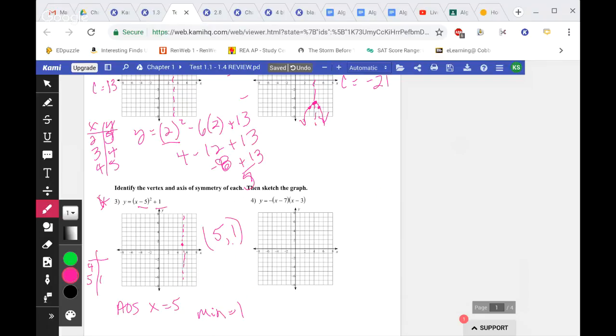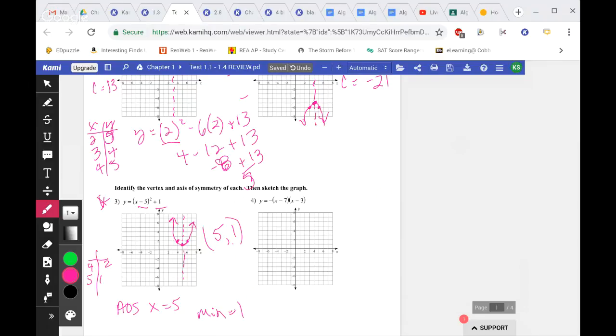And -1 squared is 1. And 1 plus 1 is 2. So you know there's another point, and based on the symmetry principle of parabolas, you know that there's 1 over there. So there's your cute little parabola. Okay. Okay?